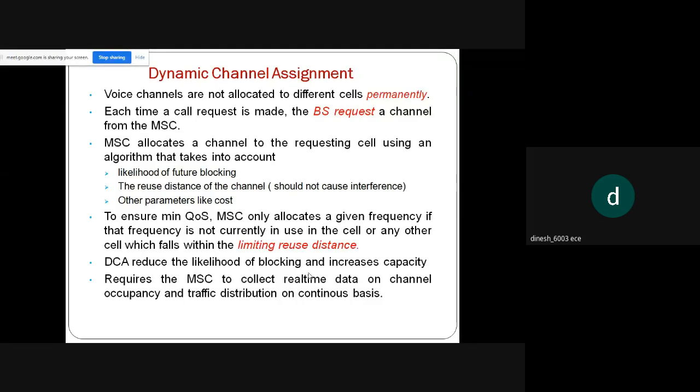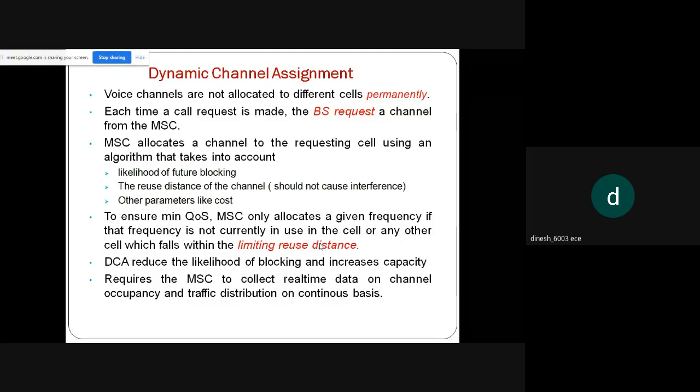So whenever a call is requested from the mobile switching center, it goes directly to the base station, and the base station will send the request to the receiver cell where the user is present. To ensure minimum quality of service, the mobile switching center only allocates a given frequency.